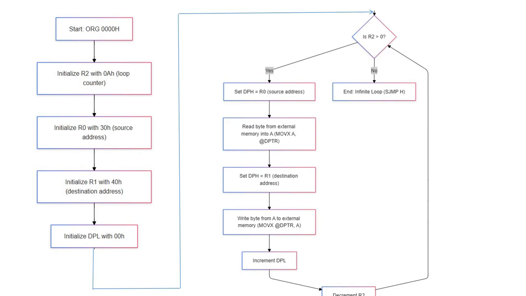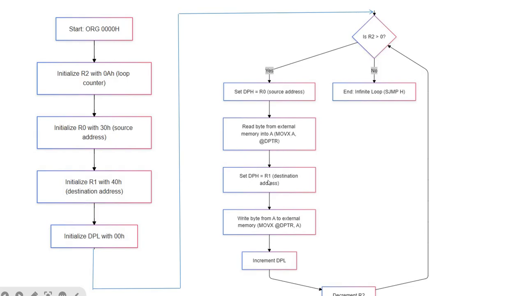If yes, then you have to go through these steps. That is, set DPH equal to R0, that is the source address. Now here the source address will become 3000H. Then read a byte from external memory into A. So you have to read the data from 3000H to the accumulator.